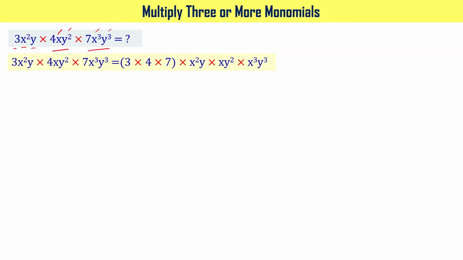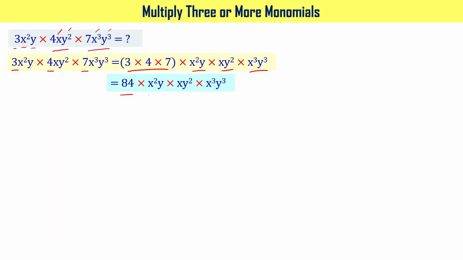I'm putting all the constants in one place. 3 times 4 times 7. Then I'm writing x square y, xy square and x cube y cube. Till now I have not separated terms containing x and terms containing y, right? We can do that also. We'll do that now. 3 times 4 times 7 is 84.